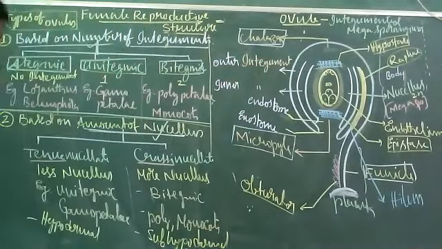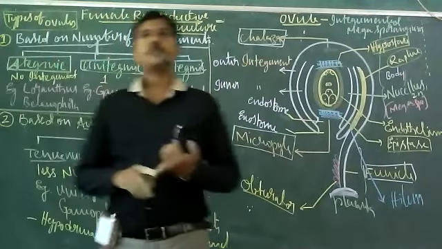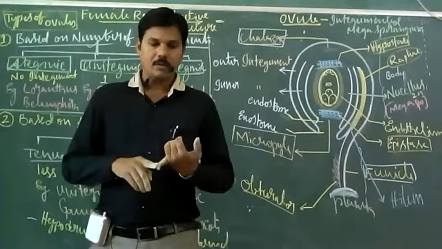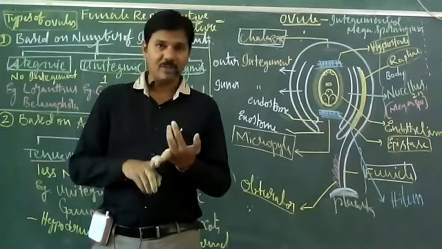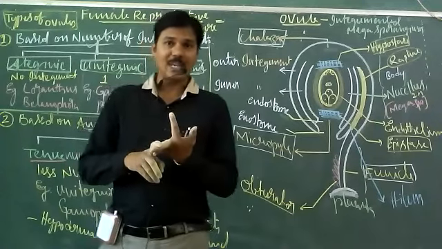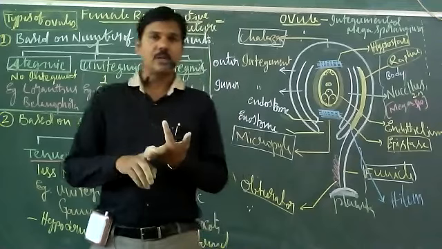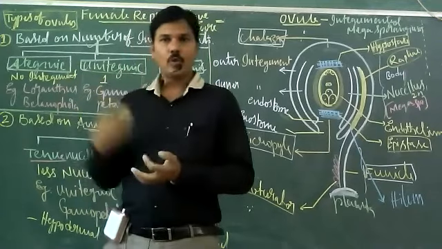So today we have completed development of male gametophyte, female reproductive structure, number of carpels, apocarpous, syncarpous, and then structure of ovule, and then types of ovules.